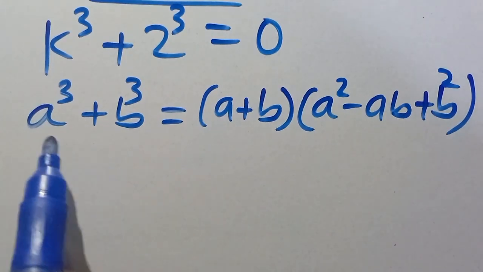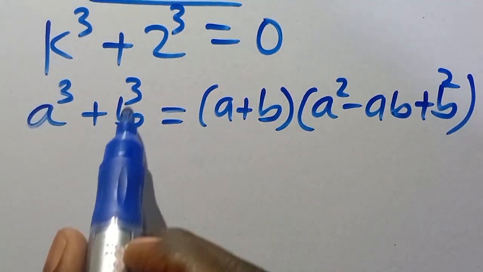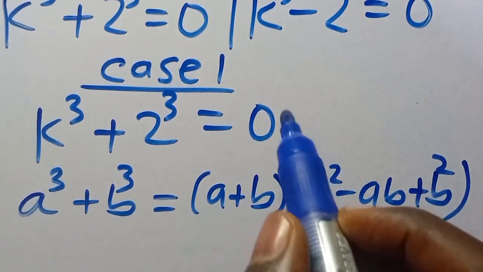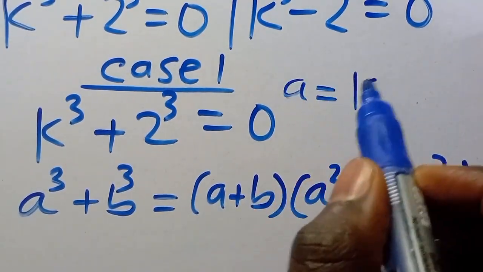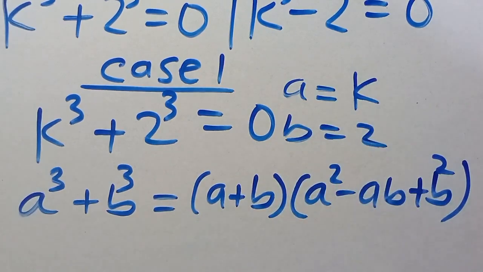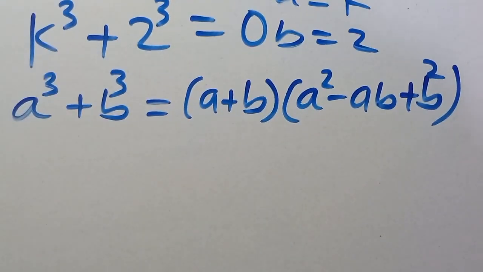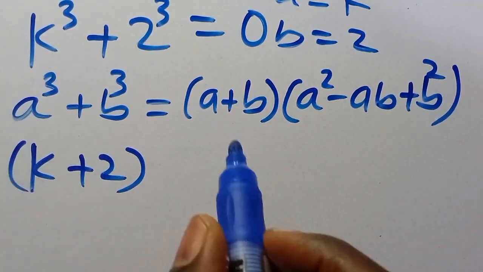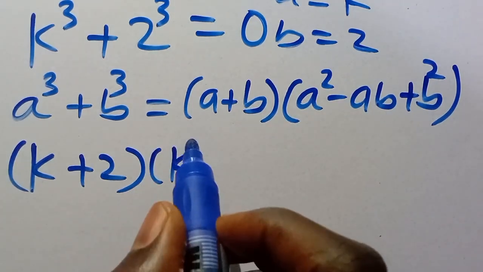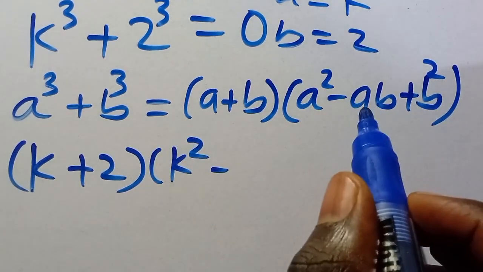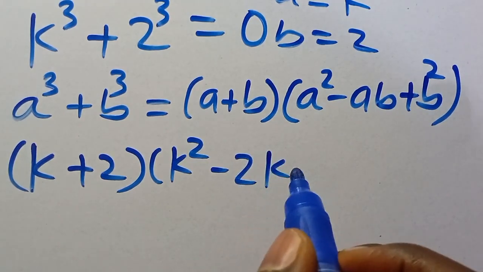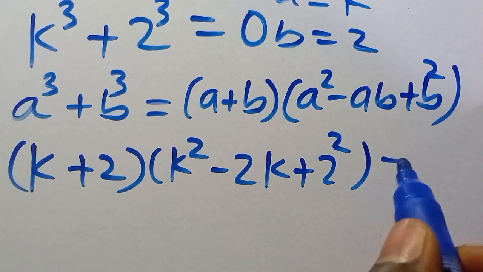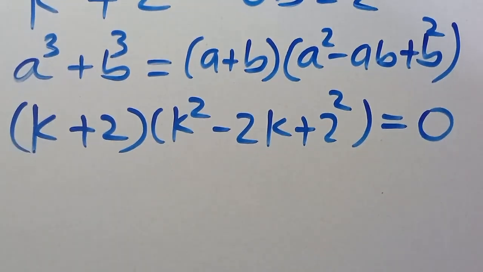So definitely from here, our a is k and our b is 2. Then we are going to have k plus 2, then k square minus a times b, which is 2k, plus 2 square equals 0.